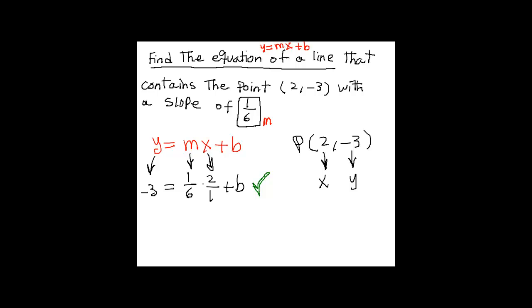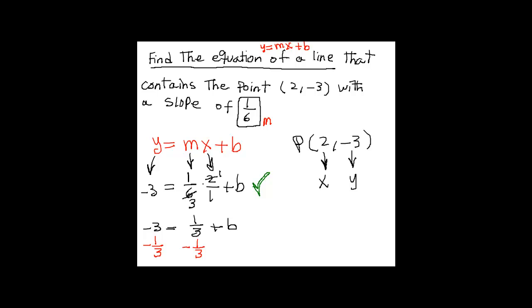Okay, so here we have b. Can somebody tell me what b would be equal to? Roberto, can you tell me what b is equal to in this case? So here, I can reduce this. This turns to 1. This turns to 3. So -3 is equal to 1/3 plus b. Right? How do you solve for b? You subtract 1/3 from both sides of the equation.